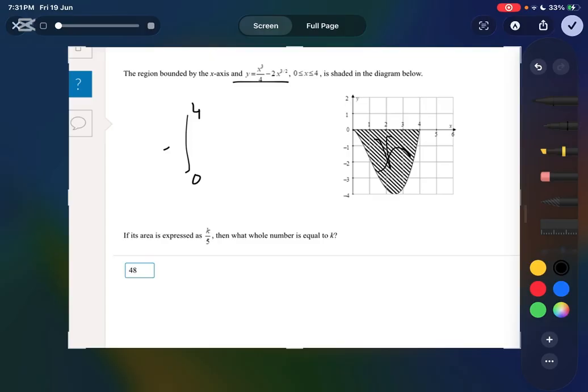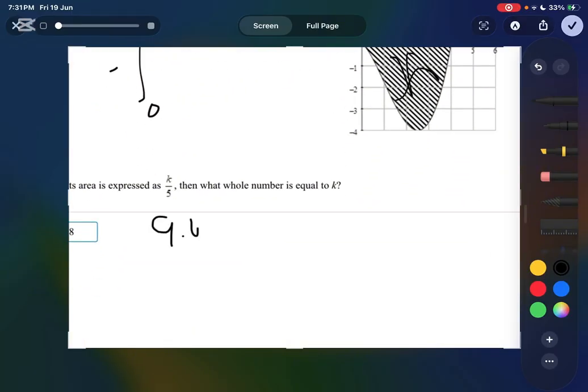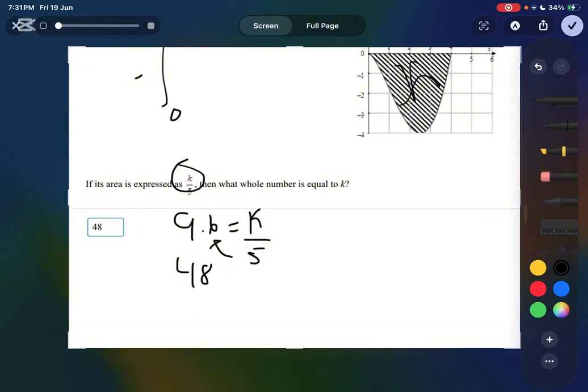You put it in your calculator and you'll get the answer as, give me a second, 9.6. When you get 9.6, they want it in this way: equal to k over 5, so find k. Times 5, it is 48. So 48 over 5 is the answer.